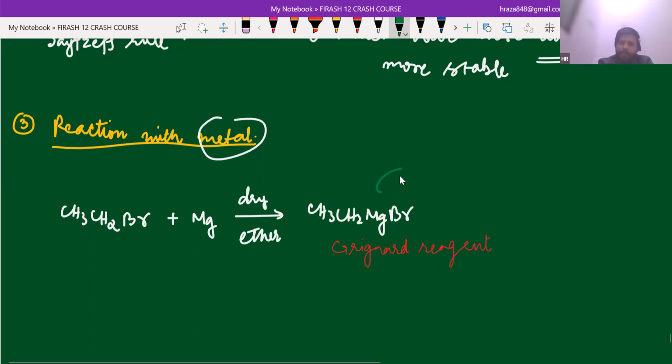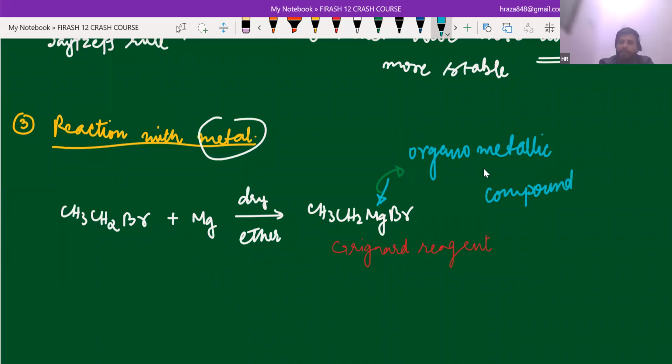And this compound is basically known as organometallic compound. This Grignard reagent is an organometallic compound. There is an organic compound as well as metal. That's why it is known as organometallic compound.